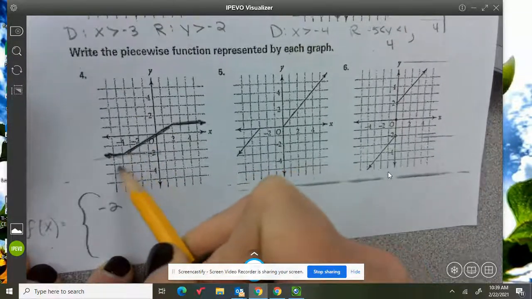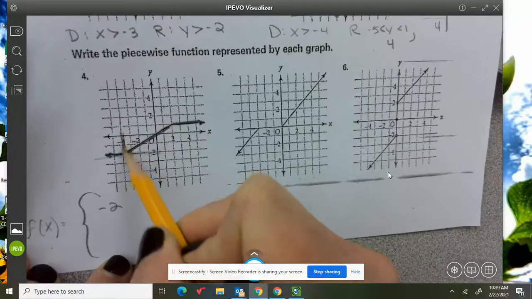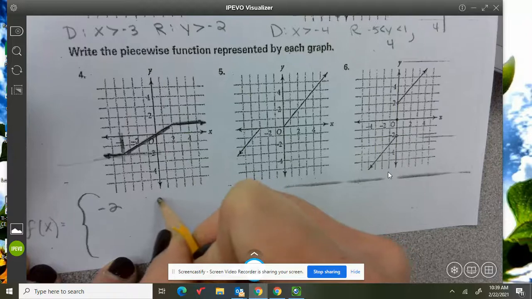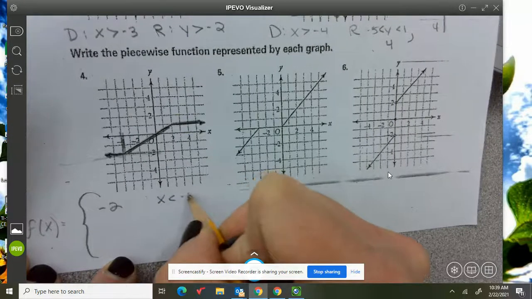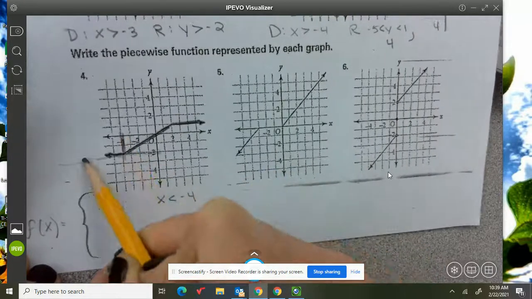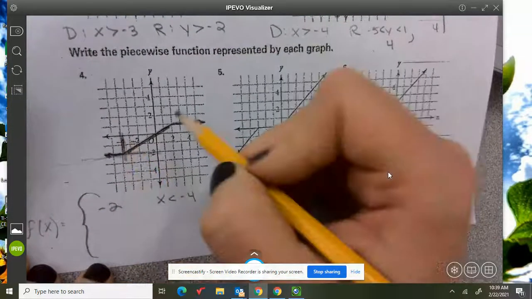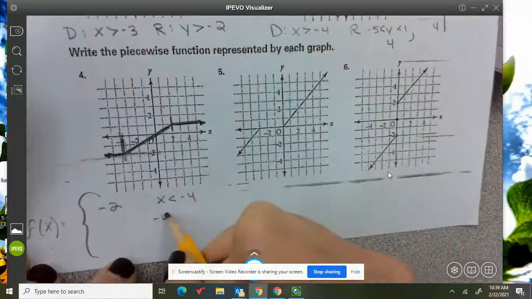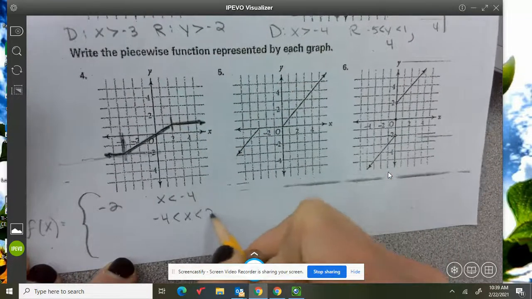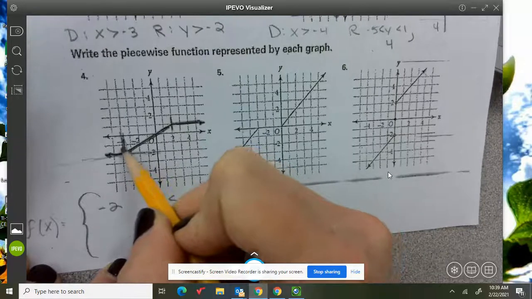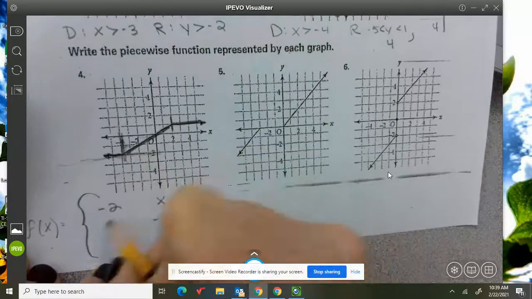But from what to what? Well, we're starting at -4, and we keep getting something. So when x is less than -4, okay, that's when there's something. Then from -4 to +2, we are up 1 over 2, up 1 over 2.